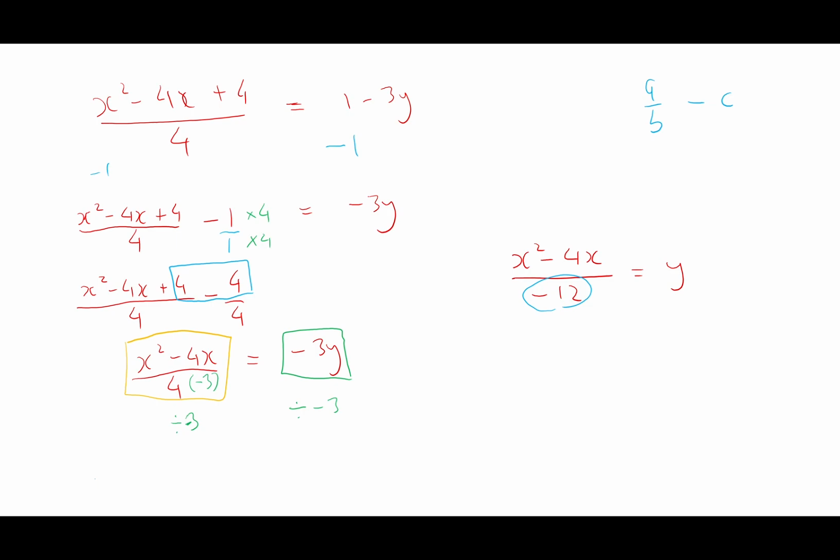And if we do have this, what we do is we multiply the numerator and denominator by minus 1. Okay, and that will give us minus x squared plus 4x over positive 12 equals y, and now you're finished. Okay, are those two answers the same? Yes, they are.